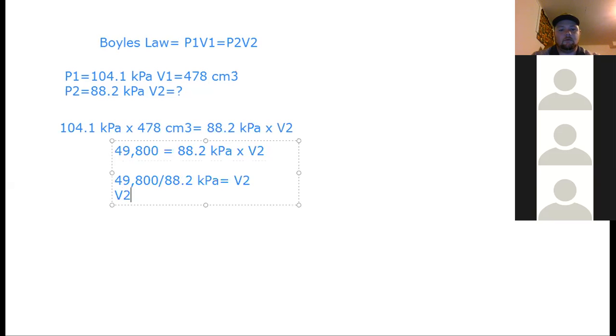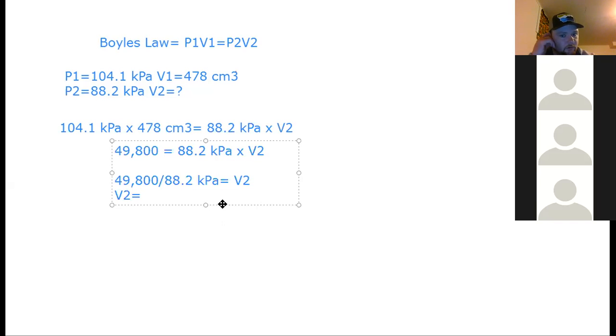V2 is equal to, all right, 49,800 divided by 88.2.